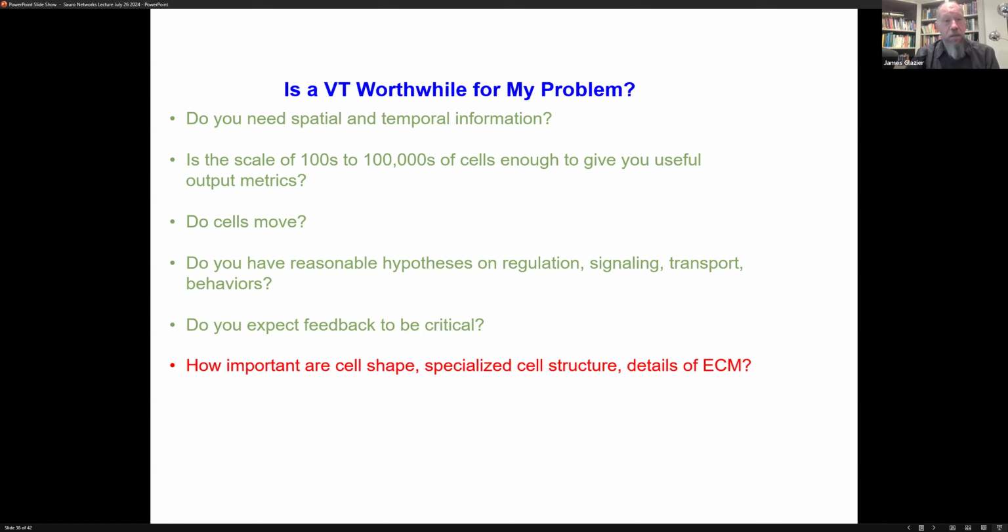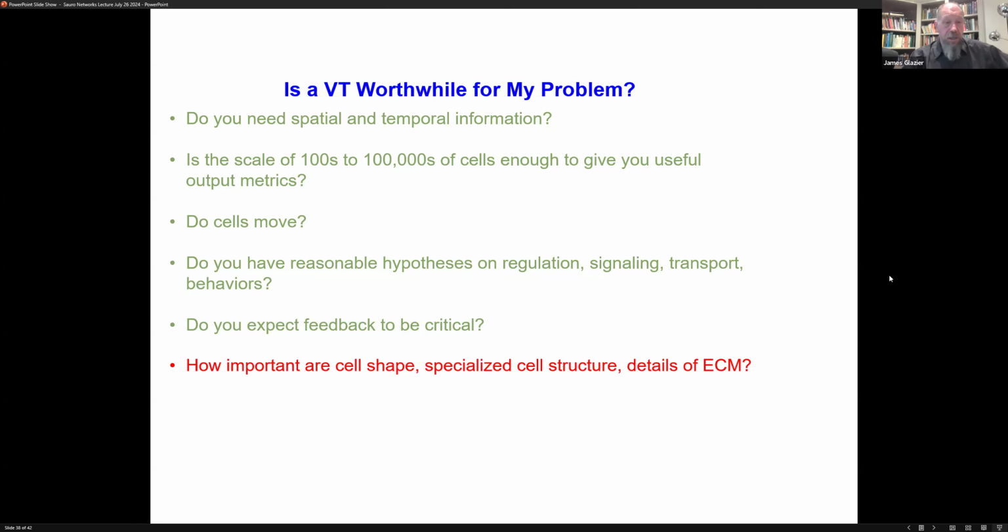Is there a lot of spatial heterogeneity in your problem? Do cells move around? So there's tissue reorganization, structural change in your problem. Is there long-range transport in your problem? If the answer for those things is yes, if you have movement and spatial heterogeneity, then really to understand your problem, very often you are going to need to jump in and do agent-based modeling. Pure network models may not be sufficient.